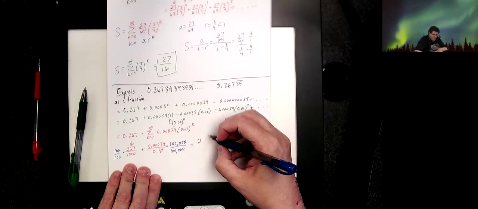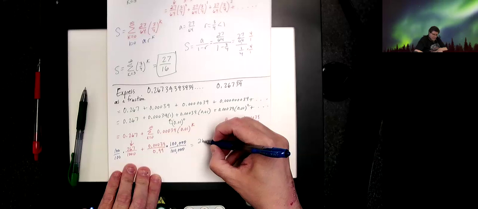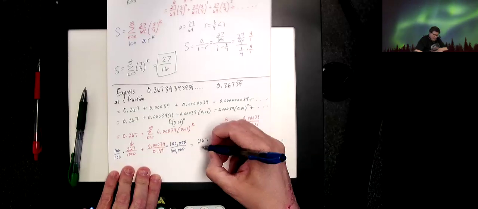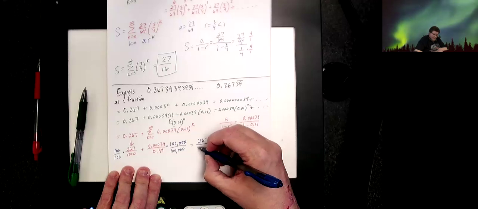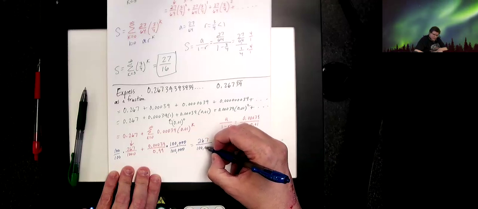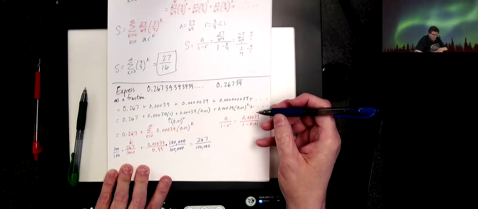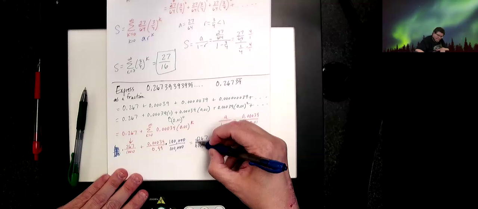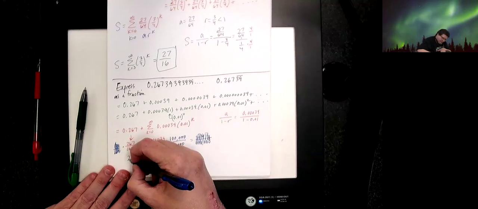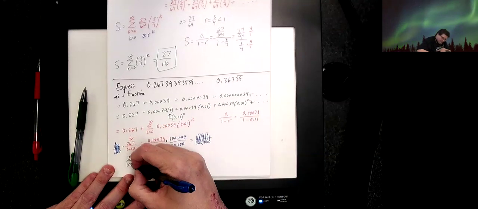Or, well, we're getting closer. We have 267 over 100,000. You know what? I'm not going to do the 100 over 100 yet. Let's skip that part for now. I think I might have done too many. Let's just take it slower.